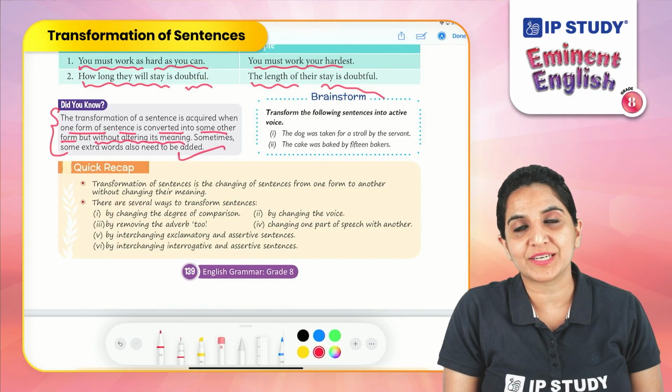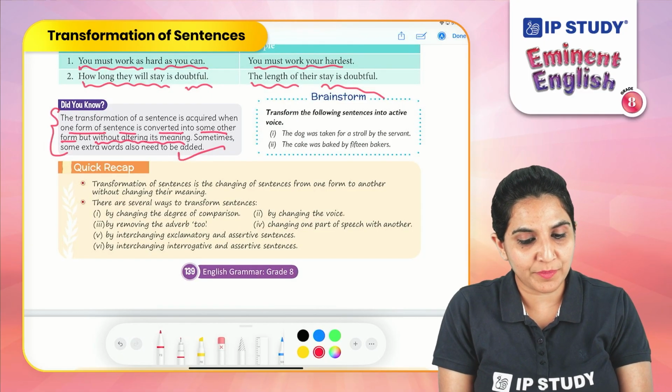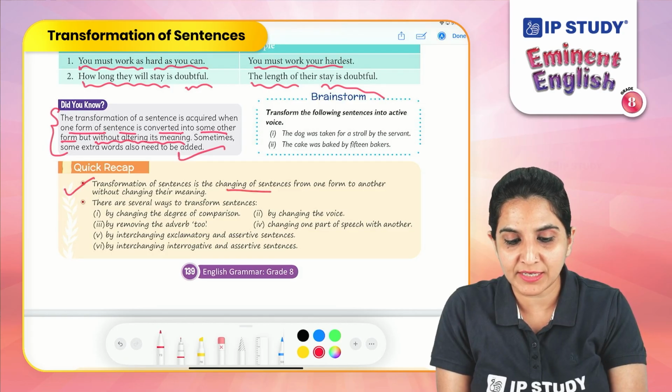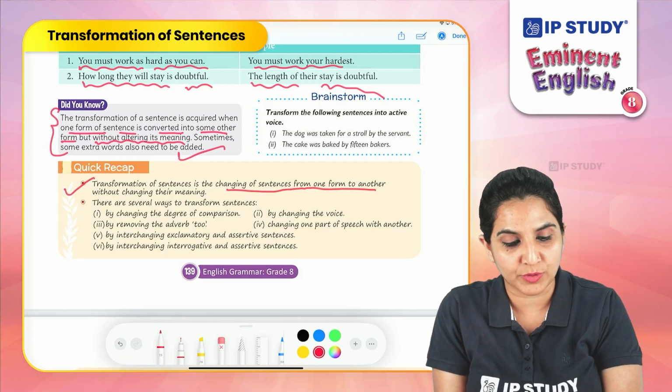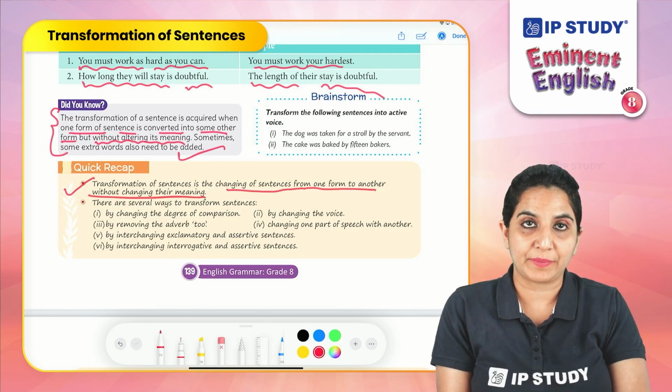Now, before you go, let us do a quick recap. Transformation of sentences is changing of sentences from one form to another without changing their meaning.